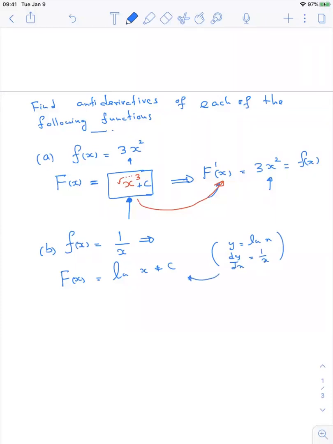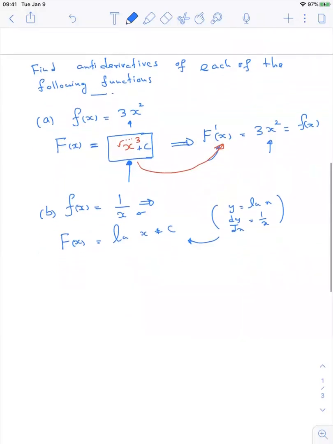You are given 1 over x, and you are asking what is the antiderivative, which should be ln x plus c. That constant counts, because every constant will become 0 once you differentiate.